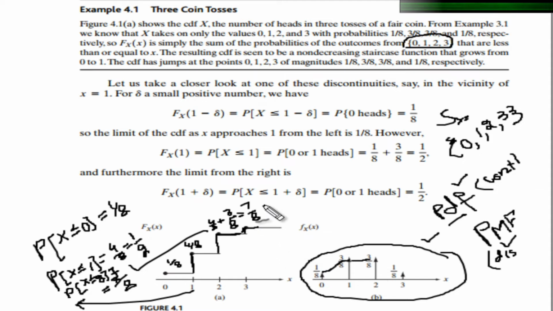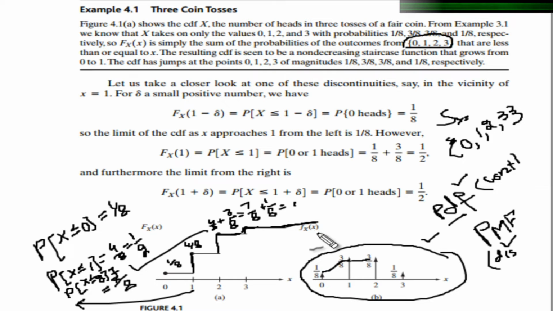Okay, this is the value here, which will be equal to 1 by 8. So 7 by 8 and 1 by 8 is equal to 1. So at the end, the value at x greater than or equal to 3 will be equal to 1. Okay, it will stand here at 1.